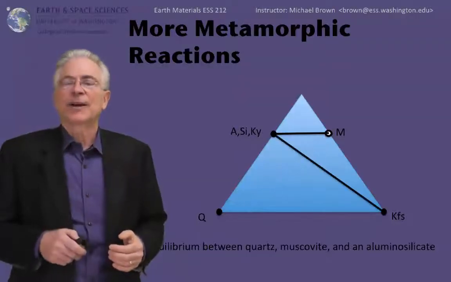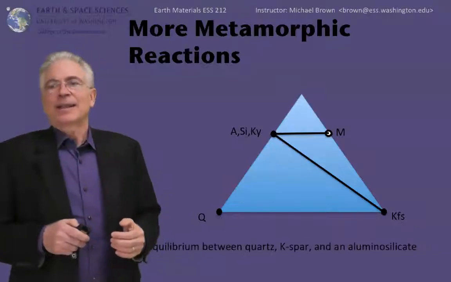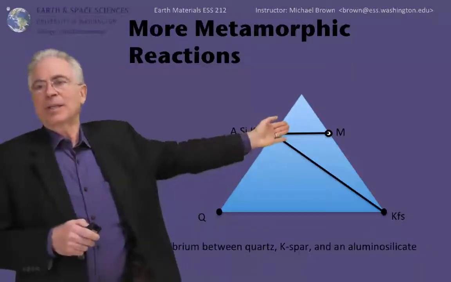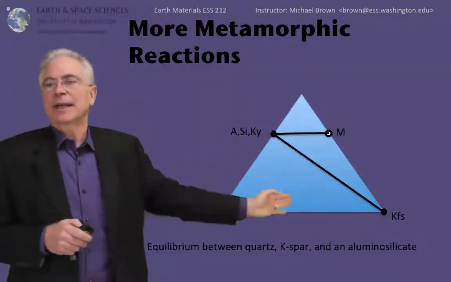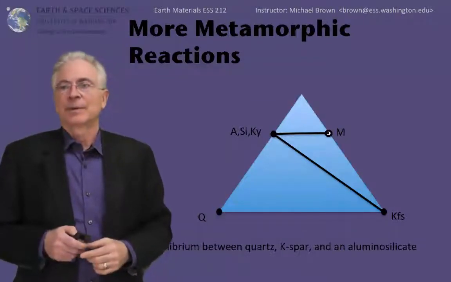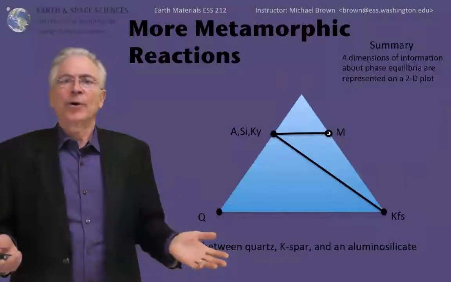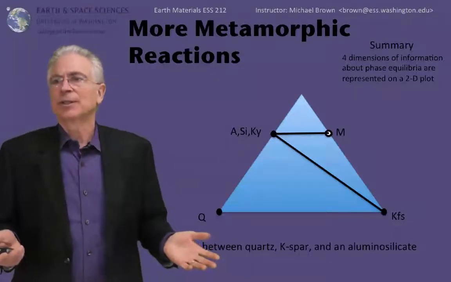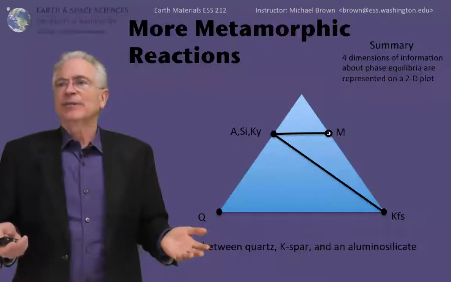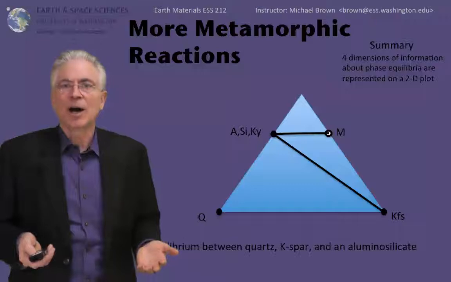In contrast, if I change the tie line to this direction, that implies that we have muscovite, an aluminosilicate, and potassium feldspar in equilibrium. So in summary, we've taken 4 compositional dimensions and we've figured out a way to represent it on a 2-dimensional plot.